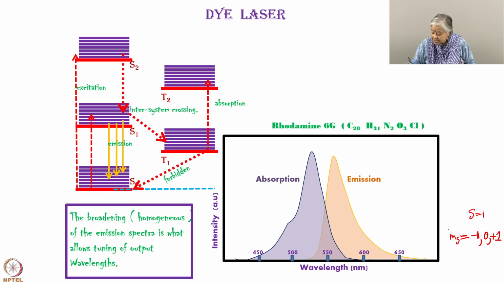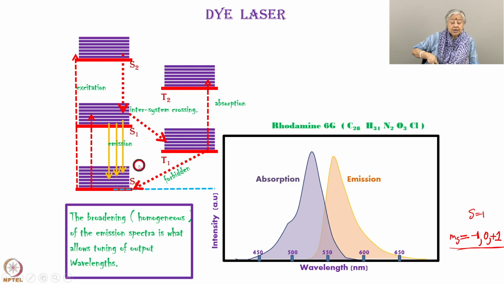Try to recollect some of your spectroscopic studies which you may have done sometime. Okay. So, if spin is 1, then these are the 3 possible states. So, there are triplet states which give rise to these triplet levels, T1 and T2. Okay.